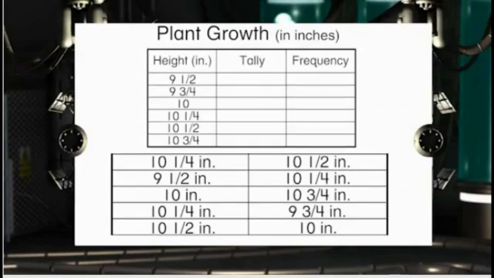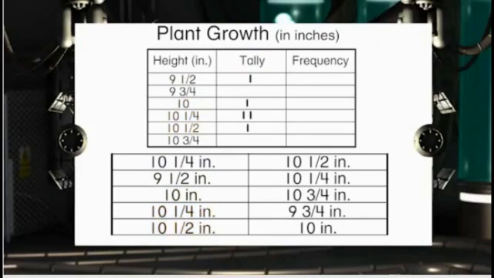Our frequency table should have 3 columns, one for the heights, one for the tallies, and one for the frequency of each height. We'll put a mark in the tally column each time the height is shown. The first height in inches is 10 1/4, then 9 1/2, 10, 10 1/4, and 10 1/2.